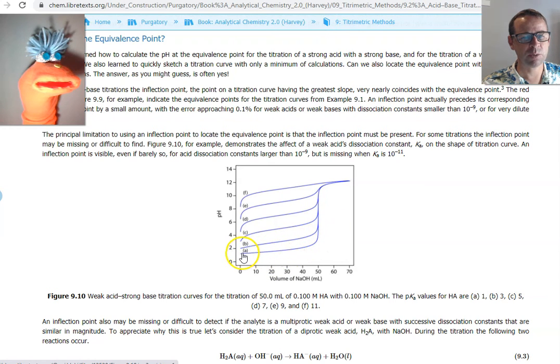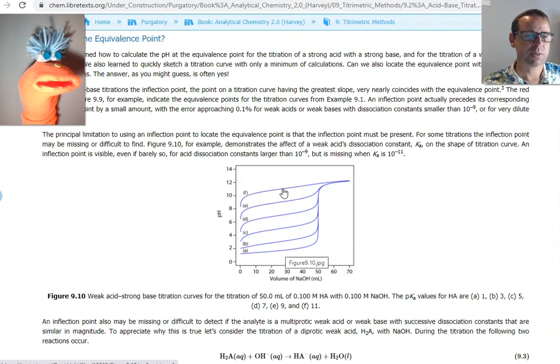But the Ka value, or the pKa for A, which is going to be halfway between the beginning and the end point, is way down here at about 1.5. But as you change the kind of acid, then you get the pKa being at different locations.